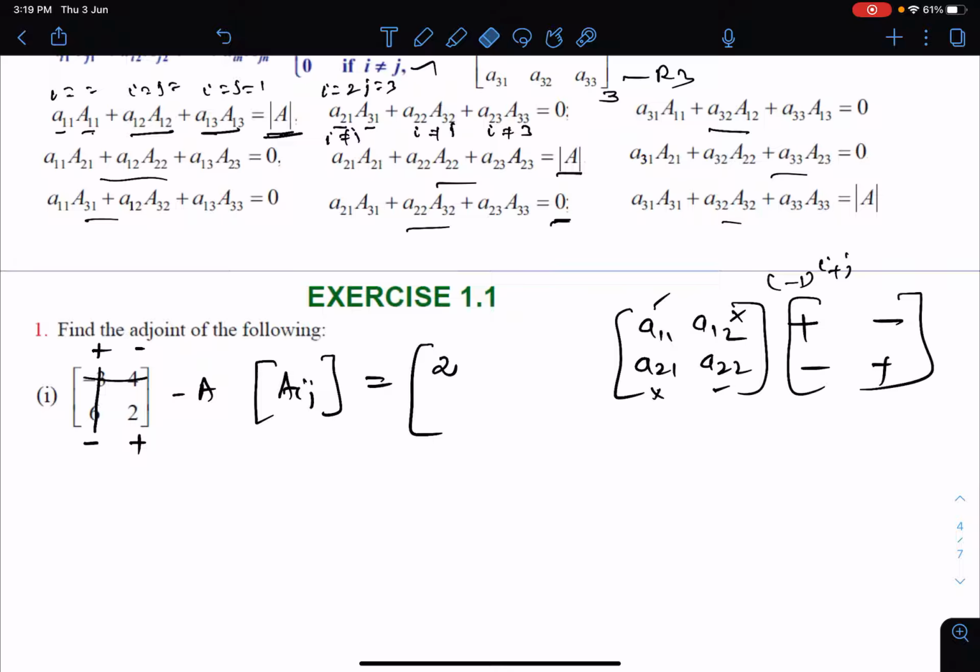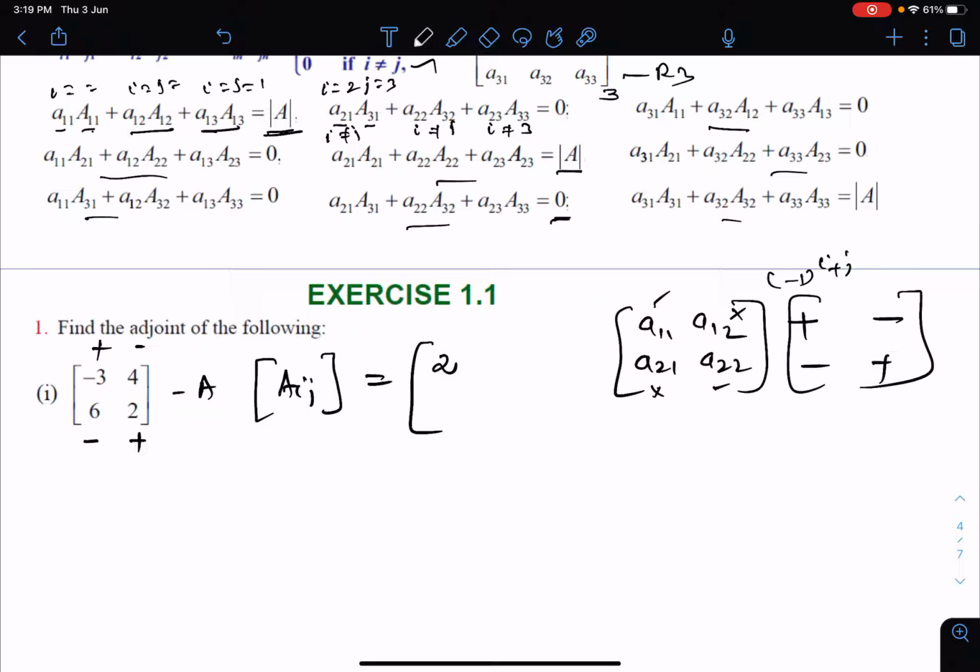Now coming to our second element, this is plus. Now coming to 4, you want the cofactor for this. So cancel the corresponding row and column, and here you have the minus, so you put it as minus 6. Now which element are you going to do? Second row, first element. So first column and the second row.